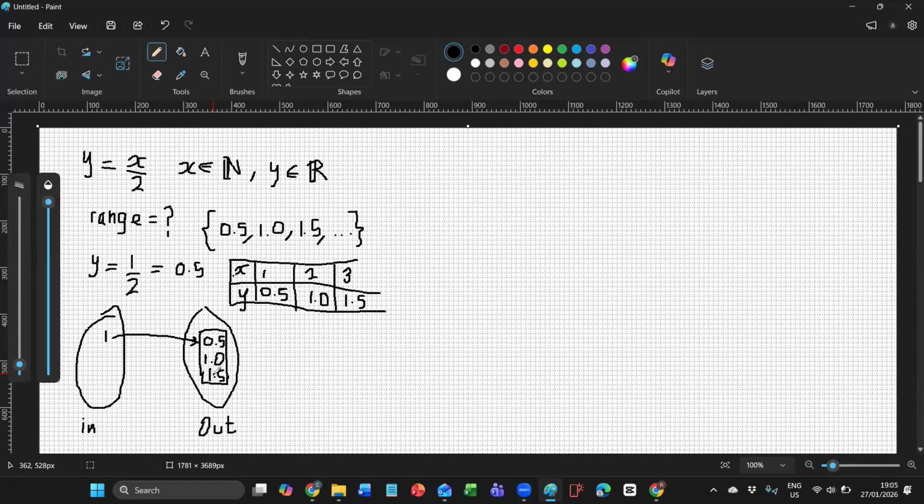So now if you want to talk about the codomain, it will be all those other numbers that are not what? All those other numbers that are in the set of real numbers, because this is the denotation for real numbers, but are not in the range.